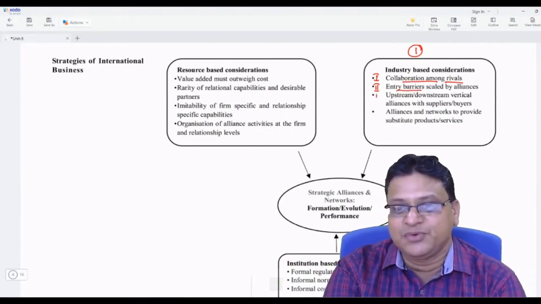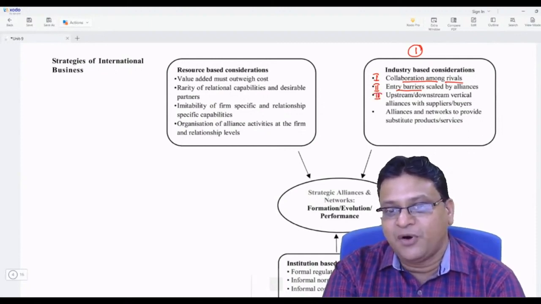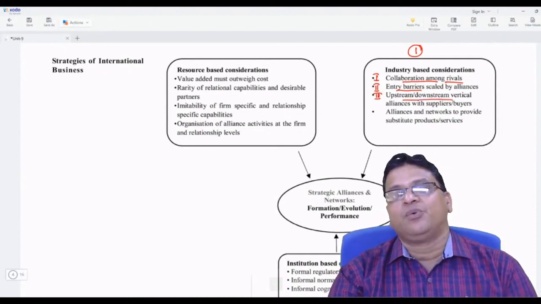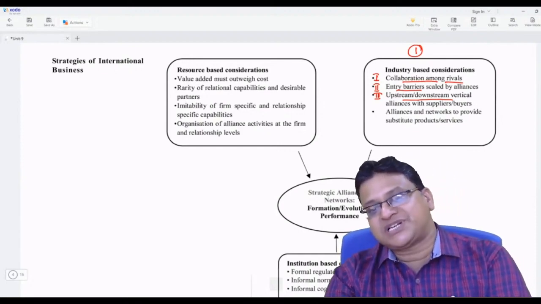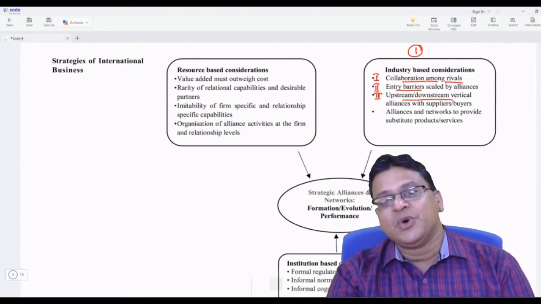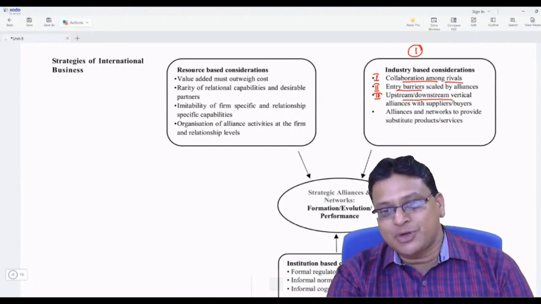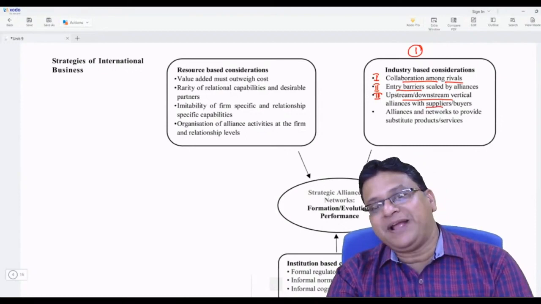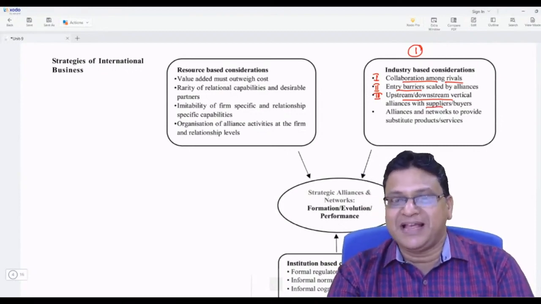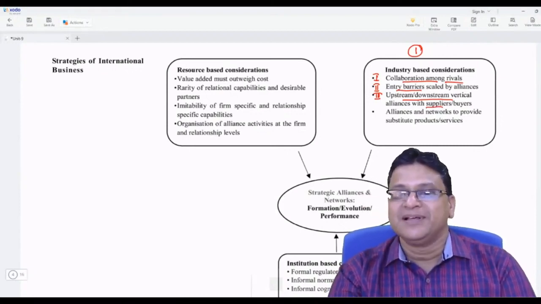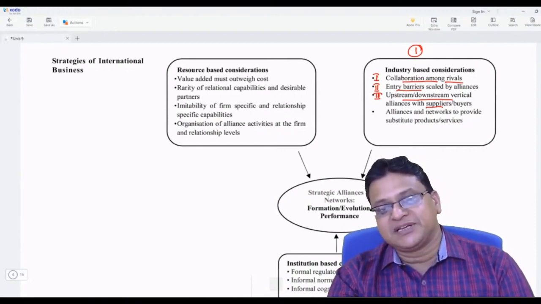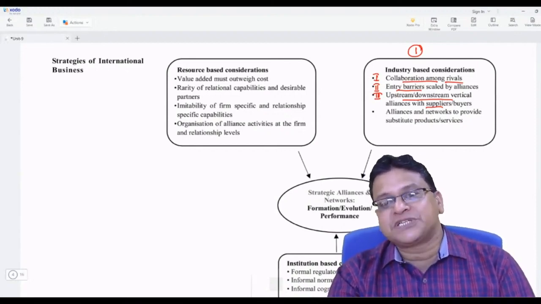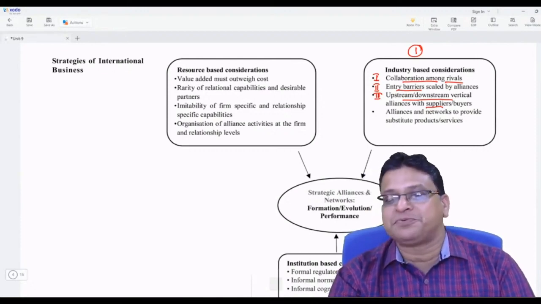Third can be due to upstream or downstream verticals. What are upstream verticals? What are downstream verticals? Upstream companies are those companies which provide raw material to you. They are your suppliers. If you make an alliance with your raw material suppliers, that is known as upstream alliance. Downstream companies are the buyers of your product.